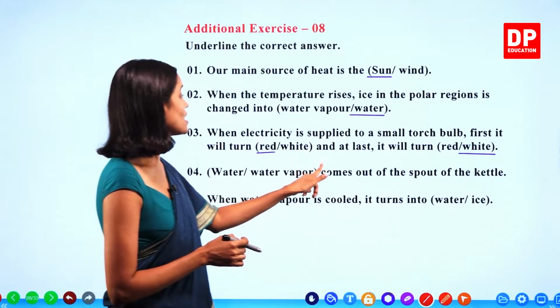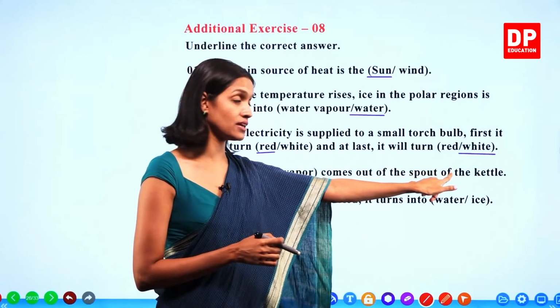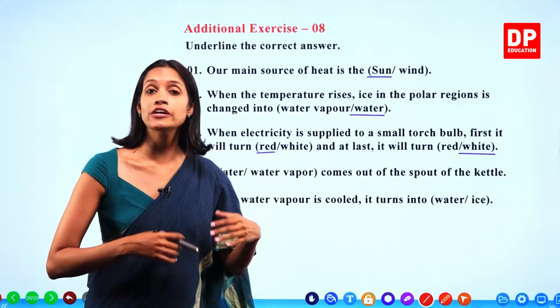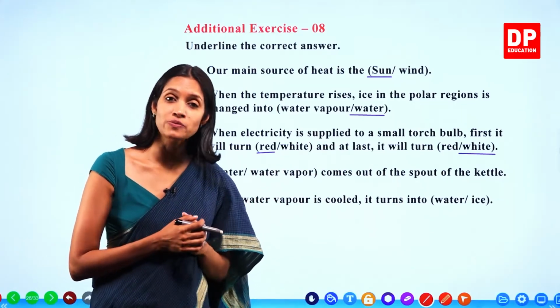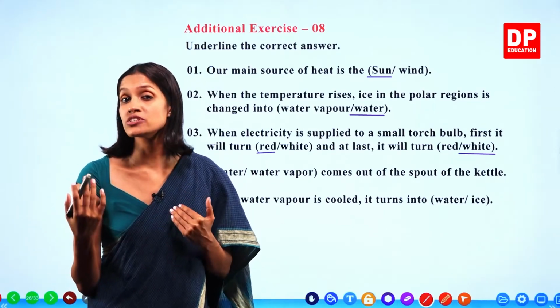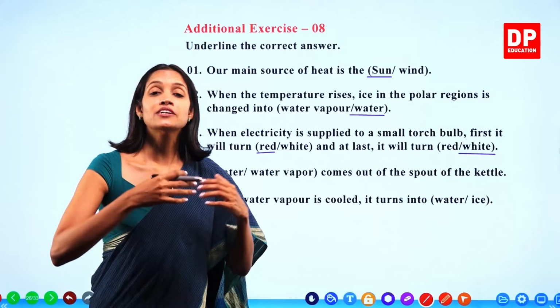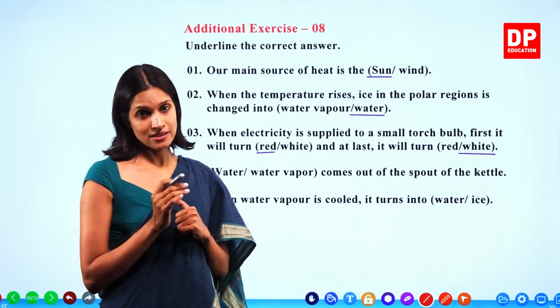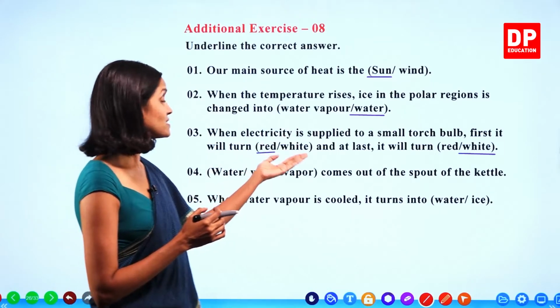Water vapor comes out of the spout of the kettle. What happens when we heat water? At one point, the water boils. Water boils means the liquid water changes to its gas, which means water vapor. Right? That water vapor comes out of the spout of the kettle, right? Water vapor or steam.